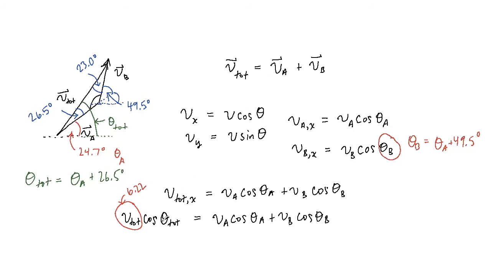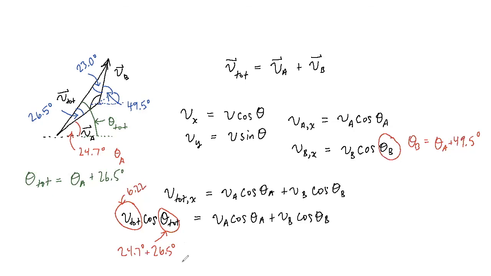Theta total, we already said we know: that's going to be 24.7 degrees plus 26.5 degrees.